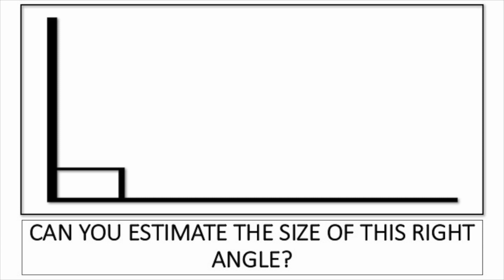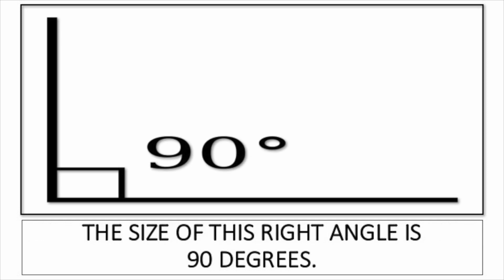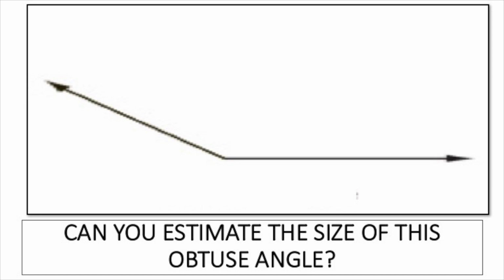So if you see a right angle, we don't really need to estimate because we know already a right angle is 90 degrees. The size of this right angle is 90 degrees. Yes, always 90 degrees.